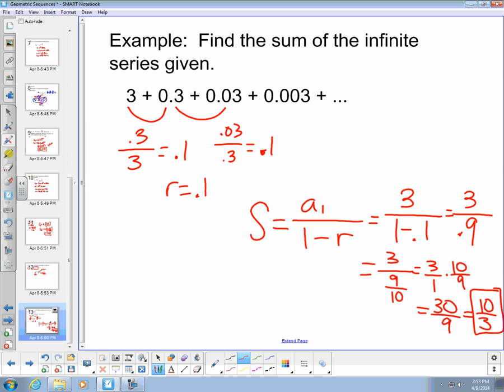And that would be the sum of the whole sequence. Which, if you just look at what we've got here, if you add those terms that are listed, we would have 3.333, and it keeps repeating. 3.3 repeating is the same thing as 3 1/3, which is 10 over 3. Okay, so this formula gives you a way to find the sum of an infinite series.